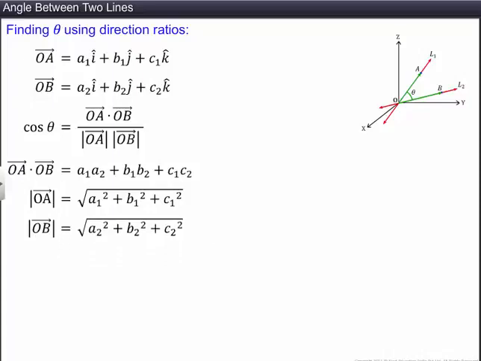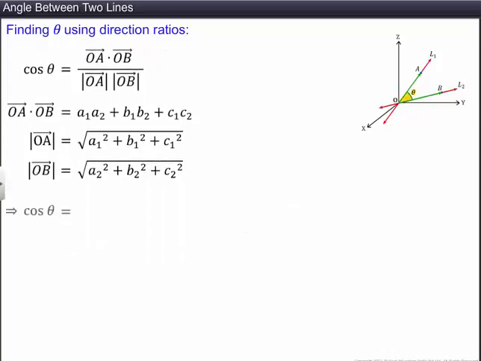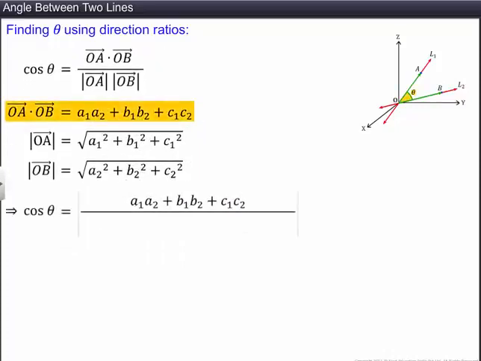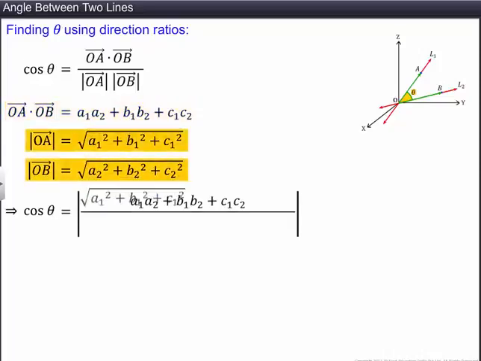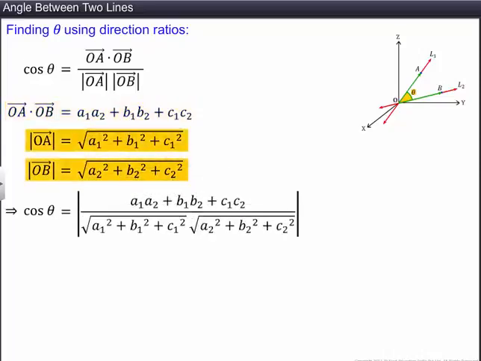Substituting the values of the dot product of vectors OA and OB and their magnitudes in the expression for cos theta, we can find angle theta between lines L1 and L2 in terms of their direction ratios. Let this be equation 1. Now, we will find the sine of angle theta between vectors OA and OB.